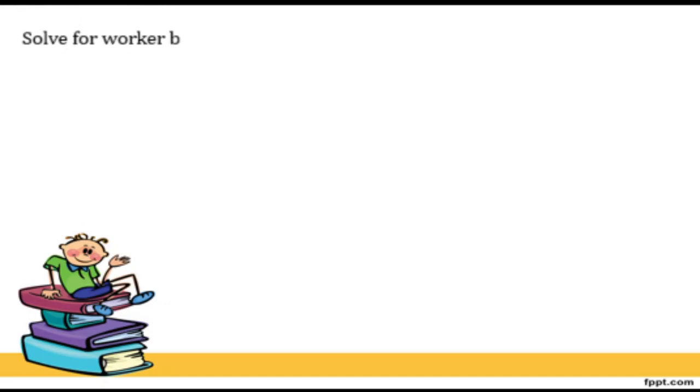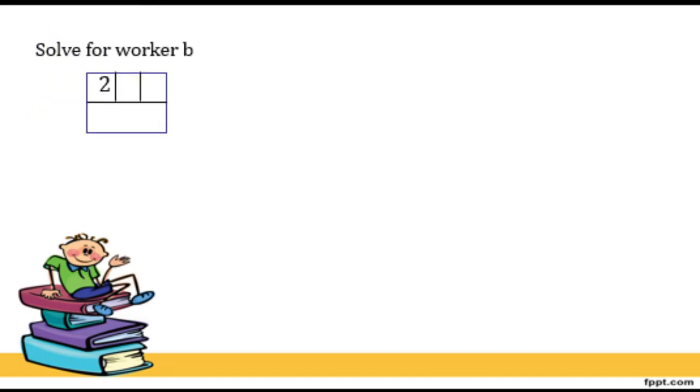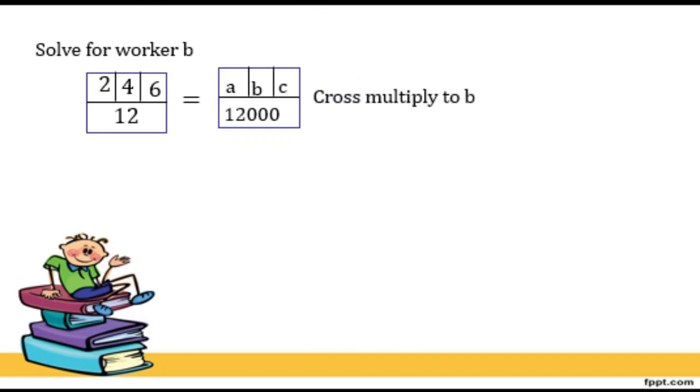Next, solve. You have to write 2, 4, 6, which is equal to 12, which is equal to A, B, and C. Cross multiply, and then you have 12 times B is equal to 12B, and then 4 times 12,000 is equal to 48,000.